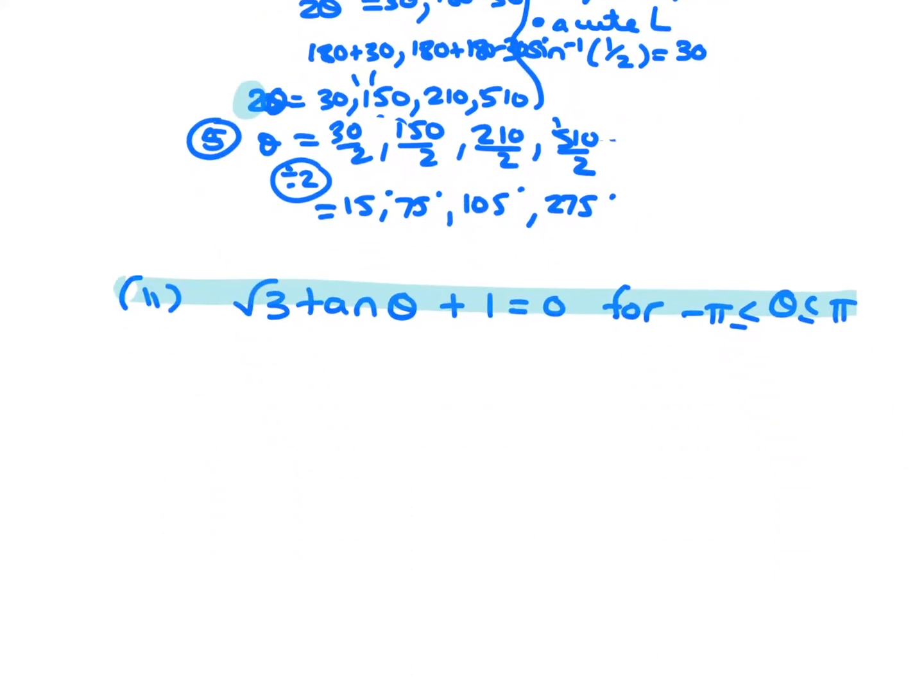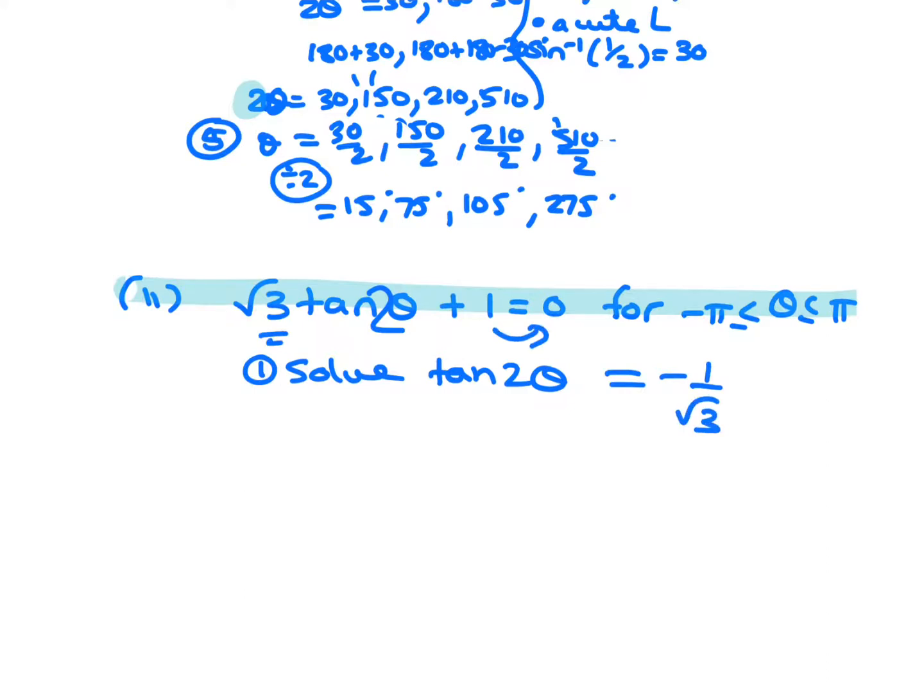Alright, step 1, you have to solve for tan 2 theta. So that's minus 1 on root 3: you bring the 1 over, then divide by root 3. Then we need the quadrants.